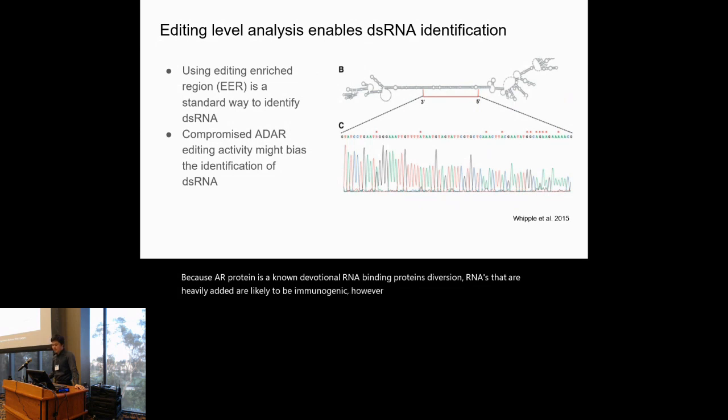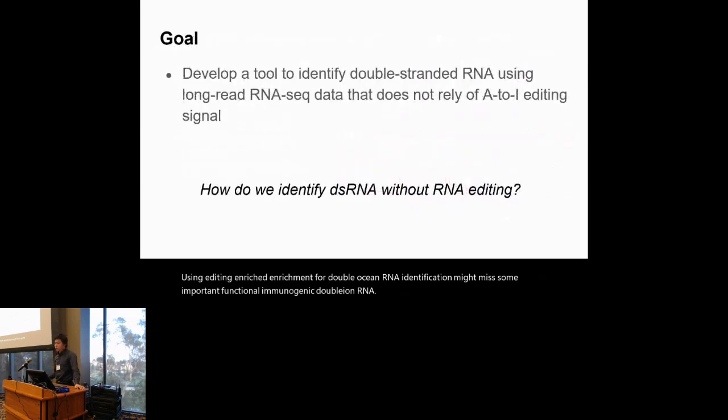However, when ADAR activity is compromised in certain conditions, such as in diseases that I mentioned, using editing enrichment for double-stranded RNA identification might miss some important functional immunogenic double-stranded RNA. So given these challenges in current double-stranded RNA detection, our goal is to develop a new method to identify double-stranded RNA without the need of quantifying A-to-I editing.